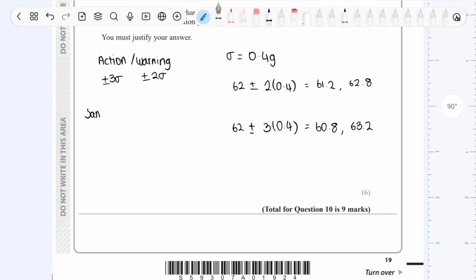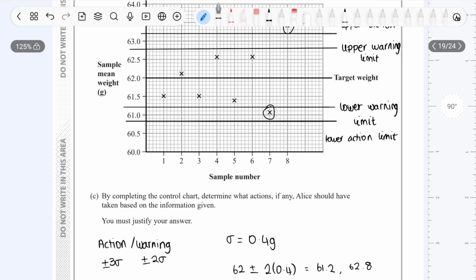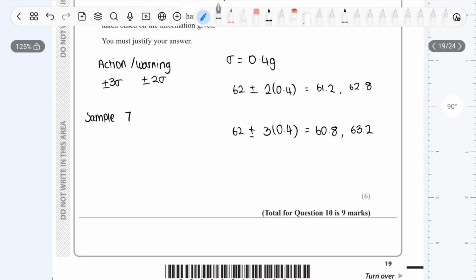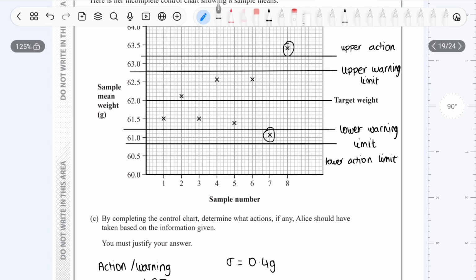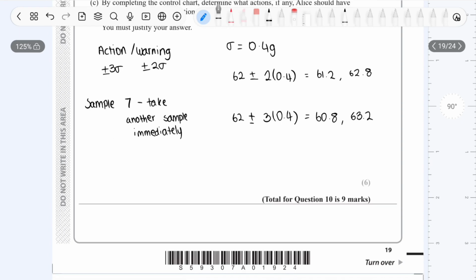So for sample 7, you should know that when it falls outside the warning limits, but not the action limits, you'd have to take another sample. You'd usually review that and see if it falls outside the warning or action limits. And then for sample 8, well, it's completely above the upper action limit, which is unacceptable. So we just have to stop and reset the machine, which is generally what you mostly do for all the exam questions that you come across.